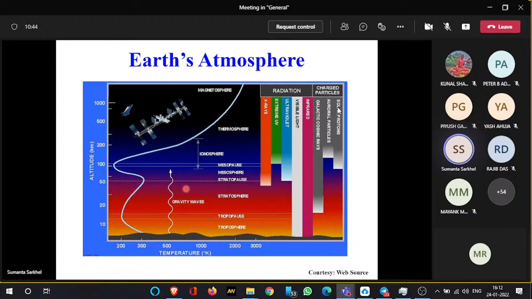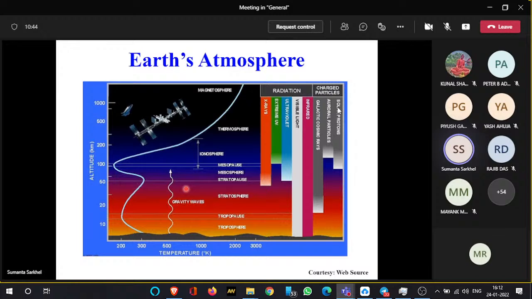So everything is controlled by the sun. The temperature structure and the ionosphere are all because of solar radiation, either electromagnetic radiation or charged particles. Both of these are coming from the sun.